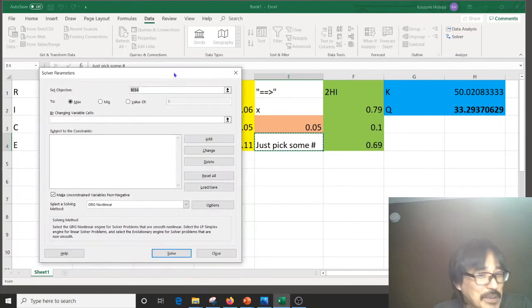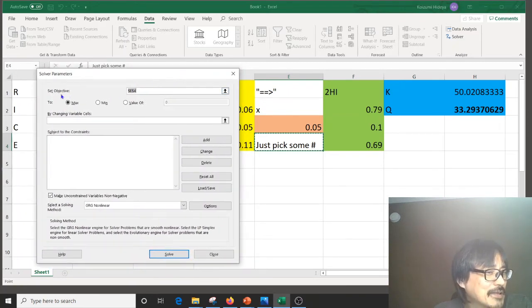And the set objective is the one I want.